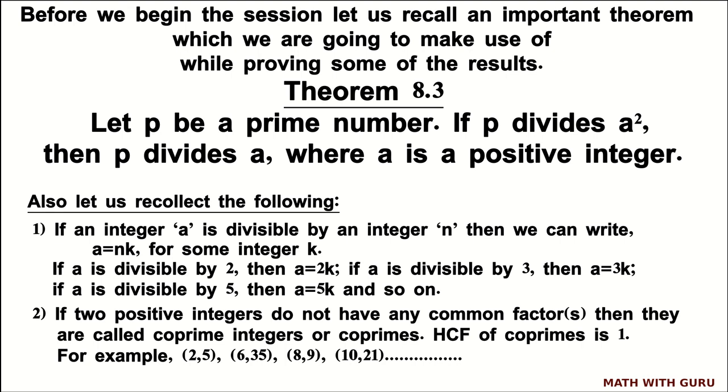Note here that 6 is not a prime number. 35 is also not a prime number. But since 6 and 35 do not have any common factor, they are co-primes. 8 and 9, 10 and 21, these are some other examples of co-primes.